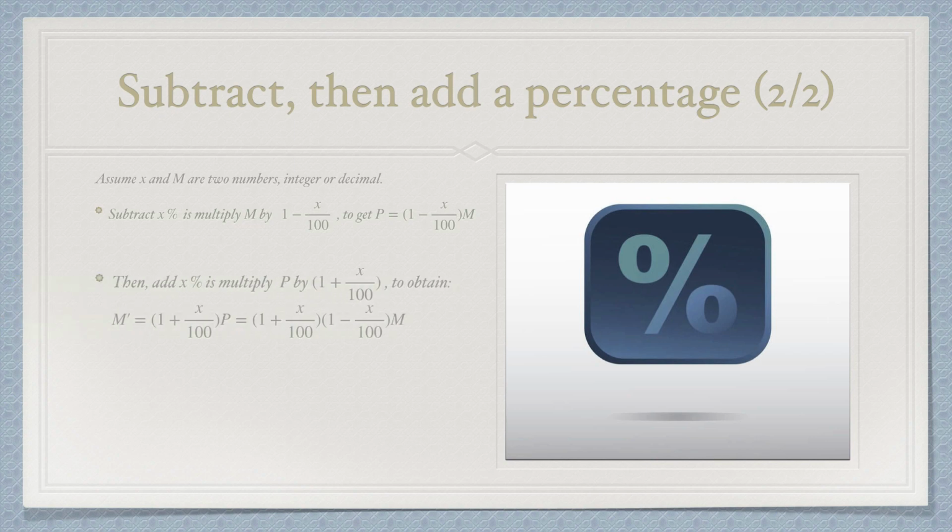Then add x% to p is multiply p by 1 plus x over 100 to obtain m prime is equal to 1 plus x over 100 p, that is 1 plus x over 100 multiplied by 1 minus x over 100 multiplied by m.